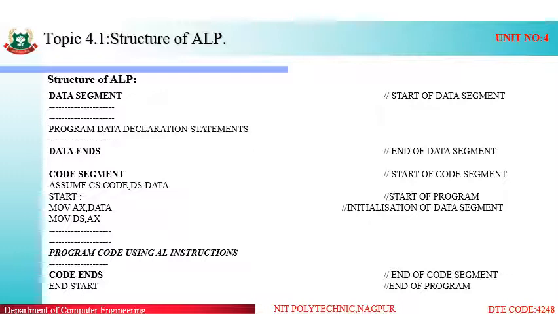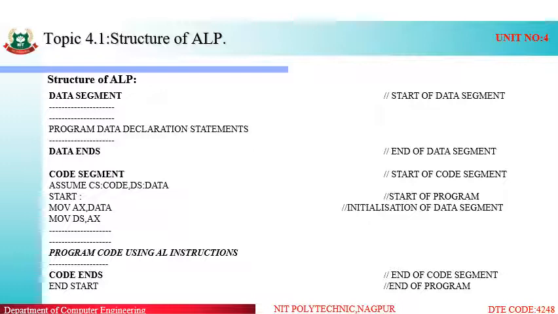Next two instructions are very important. First is mov ax comma data, and next is mov ds comma ax. These two instructions are used for initialization of the data segment, because without the data we cannot execute any program. So first we have to initialize our data segment.